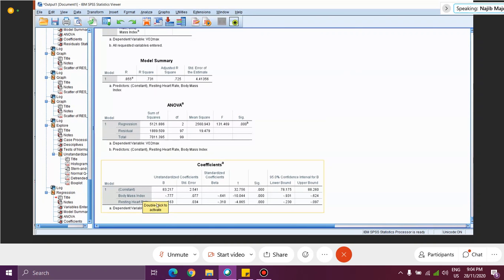For example, negative 0.77 means that every 1 unit increase in BMI, VO2 max will reduce by 0.77 unit. Some researchers report the standardized coefficient.